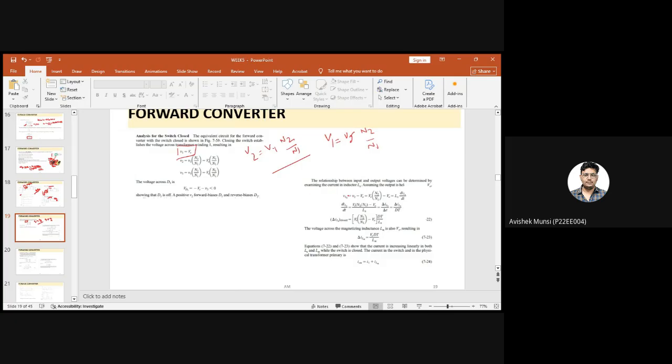Now the input voltage and output voltage can be determined by this relation. So from here we see the switch current, this is the inductor ripple, mostly similar to that of the buck boost and boost type of converter, the Vs by L.